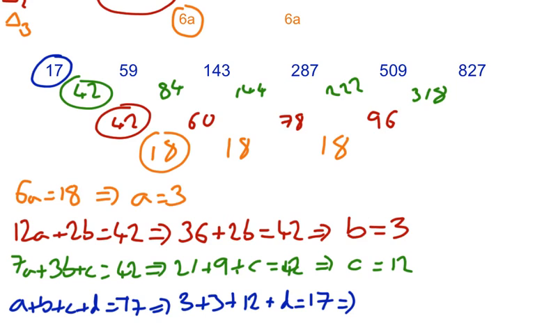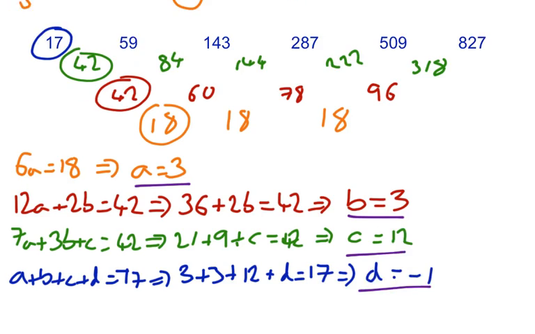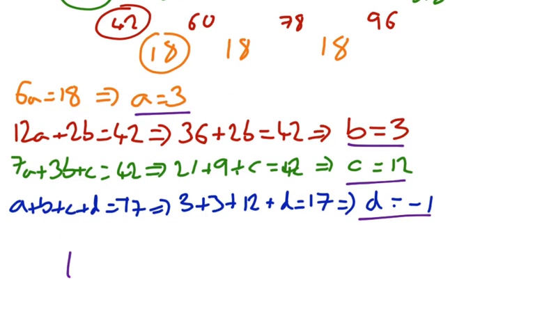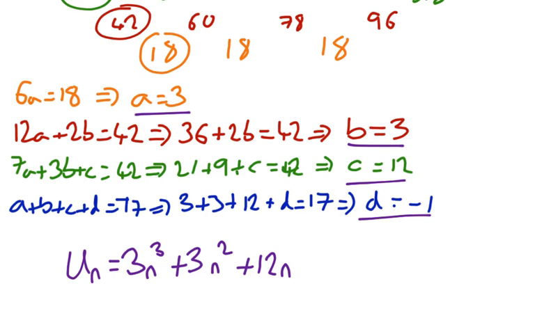Gives us 6 plus 12 is 18, so d must be equal to minus 1. And then finally, we take the a, b, c and d values, and we get un equals, well, a is 3, so we have 3n cubed, b is 3, so we have 3n squared, c is 12, so we have plus 12n, and finally d is minus 1.